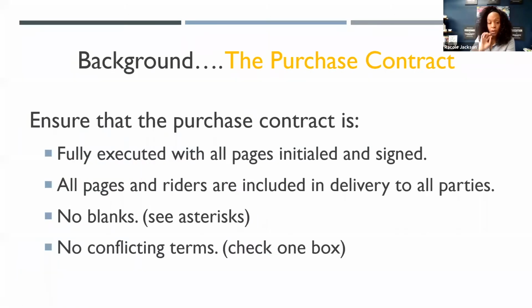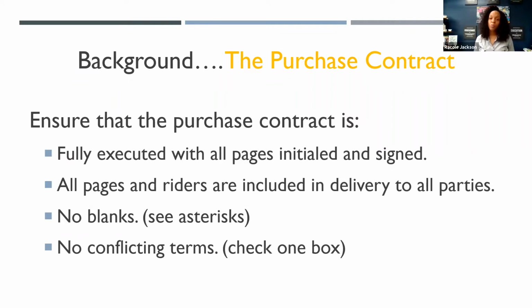So a couple of background points to make. With regards to execution of the contract, you want to ensure that the contract is fully executed with all pages initialed and signed, right? So yes, can a contract be enforceable without an initial on a particular page? Of course it can, especially if it's signed at the end.